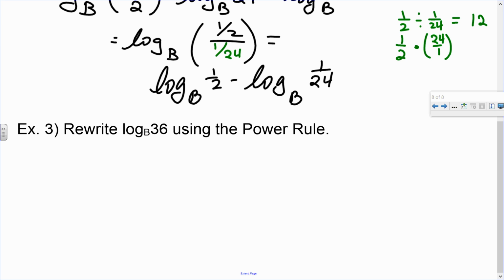let's use the power rule. So log base b of, how do you want to rewrite 36 with a power? Maya. 36 is what to a power? Okay, easiest one is 6 squared. So that's going to be, Kyle, what goes on the other side?